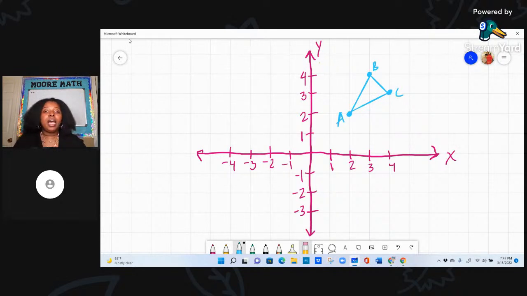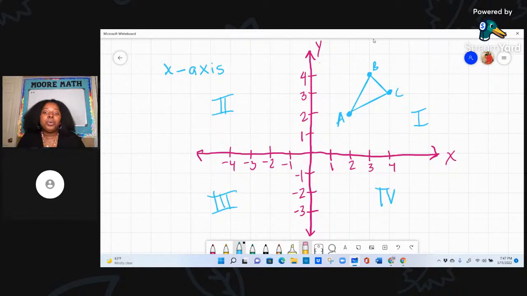Okay. So tell me what you do know. How would you normally reflect it over the x-axis? We'd like find the coordinates. Yeah. So would your new coordinates, let's start here. Here's quadrant 1, quadrant 2, quadrant 3, and quadrant 4.